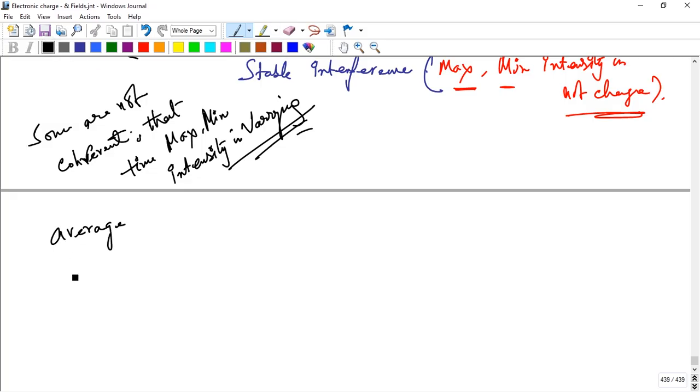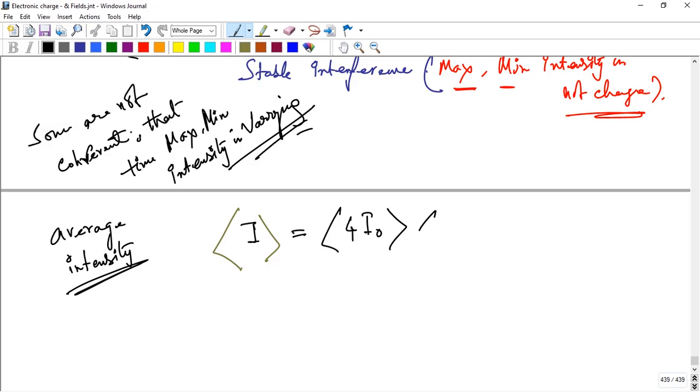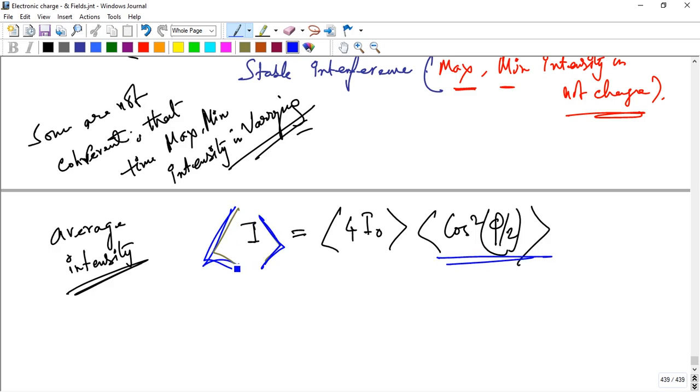Average intensity. So the average intensity I, the average sign, is equal to 4I naught times the average of cos square phi by 2.